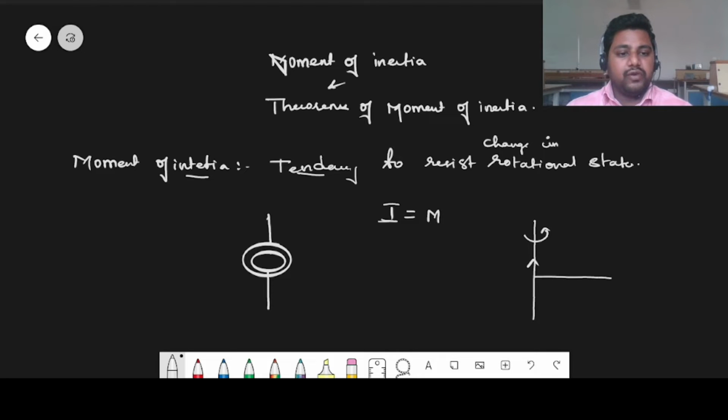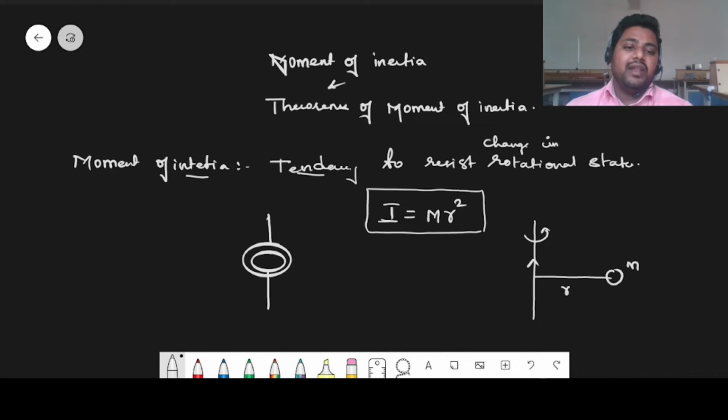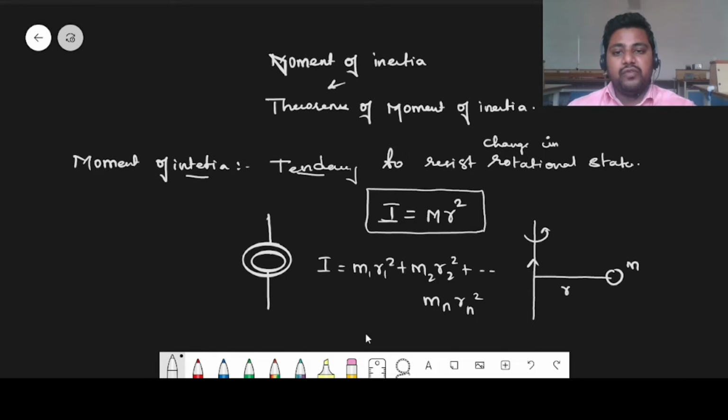From this axis of rotation, we have a small object of mass m at a distance r. The moment of inertia of it is defined as the mass of the object times the square of the distance. If there are n number of objects, then I will be written as m1 r1 square plus m2 r2 square plus, and so on, up to mn rn square. This is the general formula of moment of inertia.